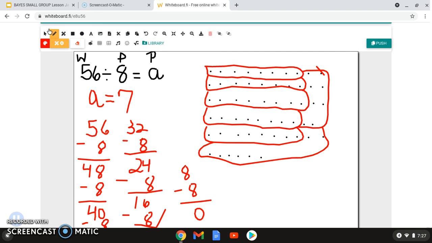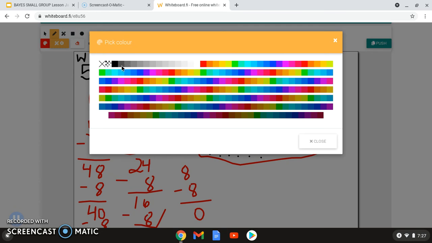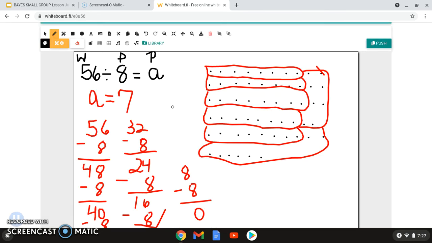To find our answer here, we're going to circle everywhere that we subtract 8. So I'm going to circle only those that say take away 8 or minus 8 or subtract 8, where we're taking it away.